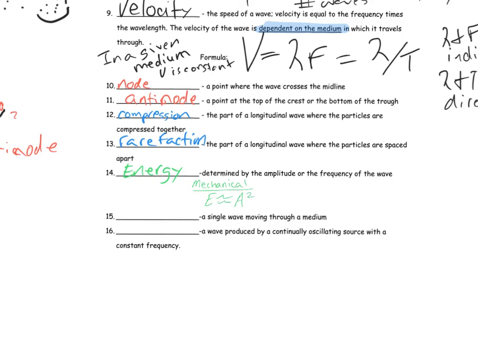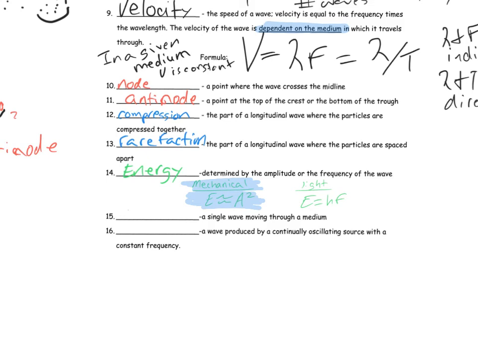Now I'm using that little symbol because this isn't the exact formula, this is just the relationship you need to know. But for light, energy is related to the frequency. So that's actually the formula for energy of a light wave. The higher the frequency, the more energy a light wave has. But for a mechanical wave, it's the amplitude that's important. And so if you just have to pick one thing to know, make sure you know this one, okay? So energy is related to the amplitude of a wave.